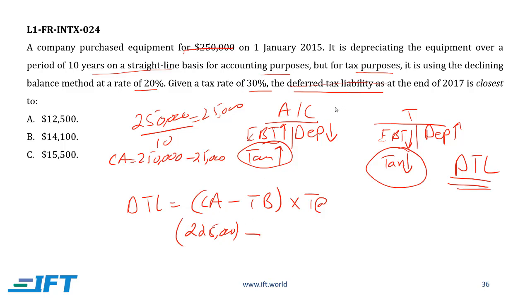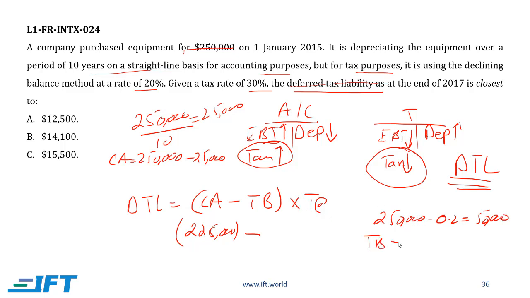In your tax base, which method are we using? We are using the declining balance method at a rate of 20%. So 250,000 times 0.2 is how much? 50,000. Am I right?